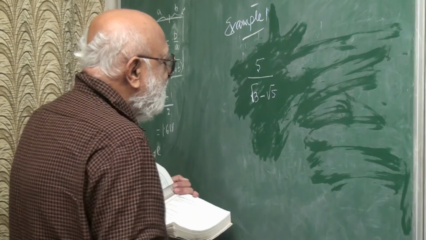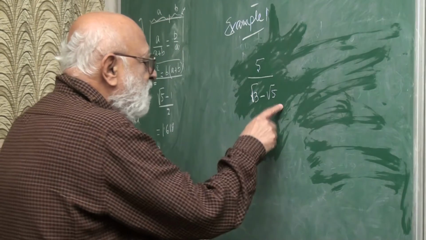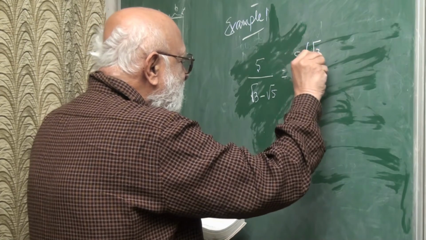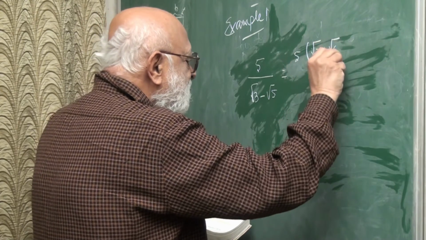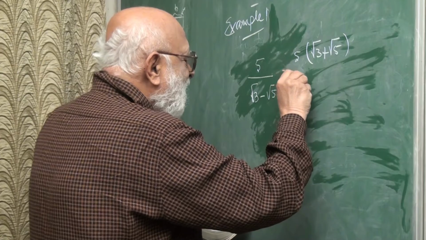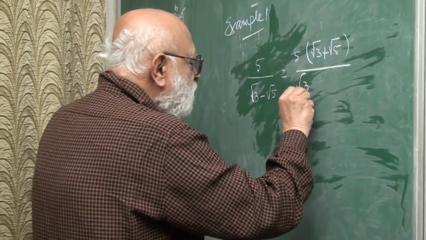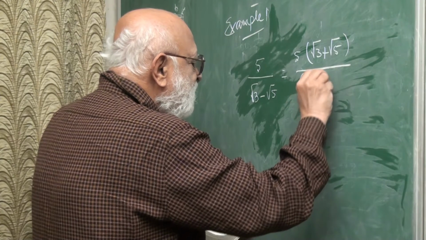Is that all right? So what I'll do is multiply by root 3 plus root 5, and here also I will multiply root 3 plus root 5, which is the conjugate of the given denominator.